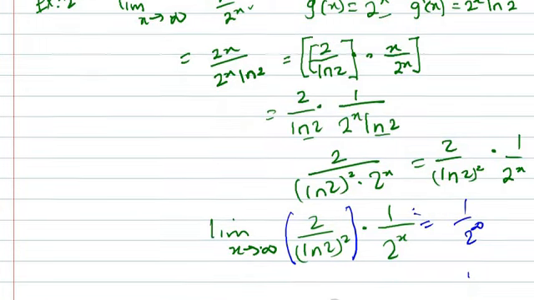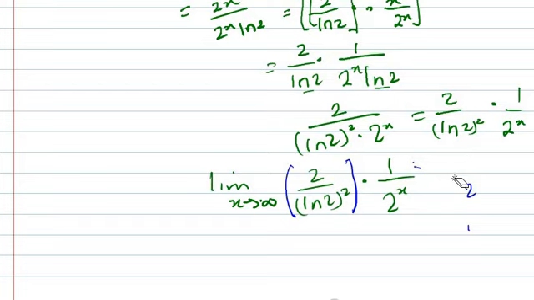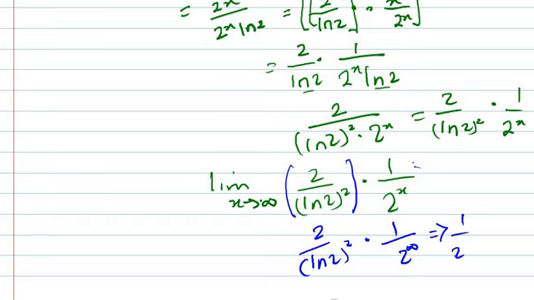So let's compute it and see. We have 2 all over ln 2 squared, then times 1 all over 2 power infinity, which is equal to 2 over ln 2 squared multiplied by 1 over infinity. 1 over 2 raised to the power of infinity is going to be equal to 0, as I said, 1 divided by 2 power, let's say, billions.